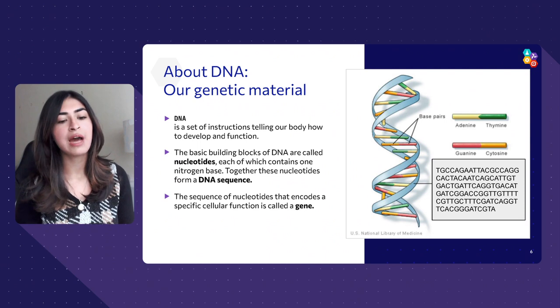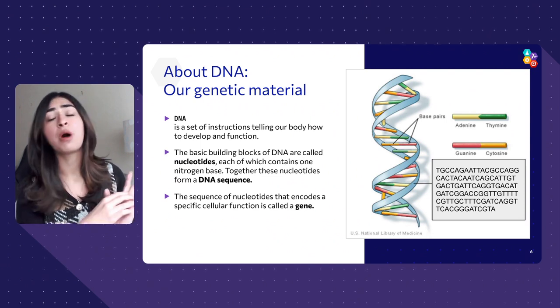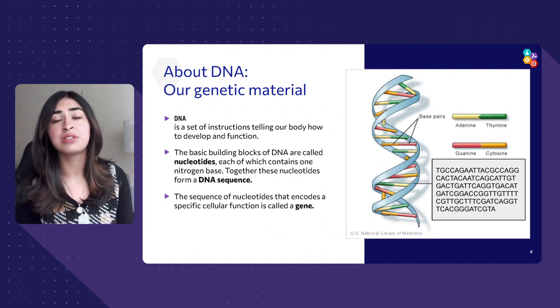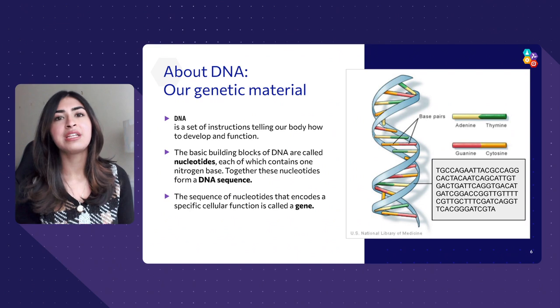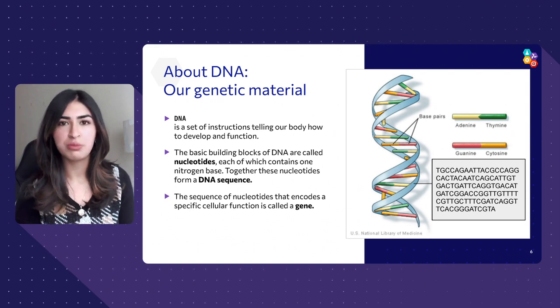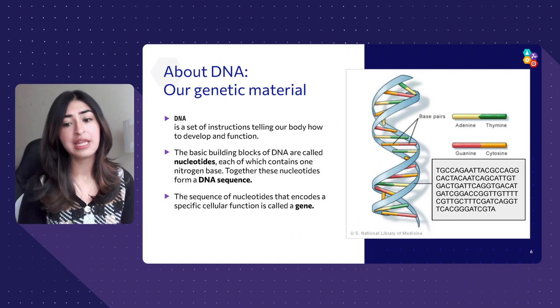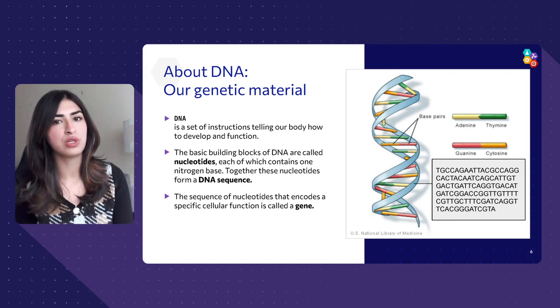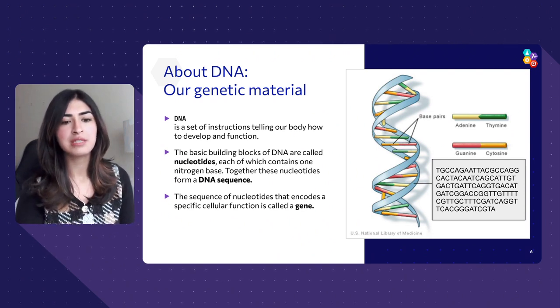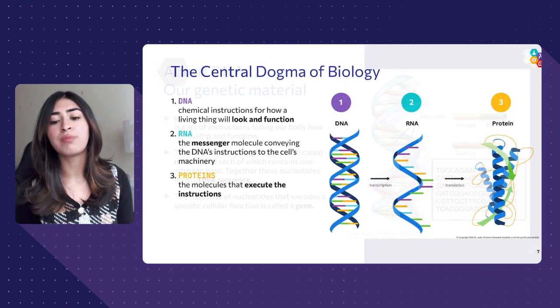So together, we have these large sequences that make up our entire body's genetic material, and it is basically the instruction manual. Our body needs ways to read that manual and then build molecules that manual encodes for. And it does that using the central dogma of biology.